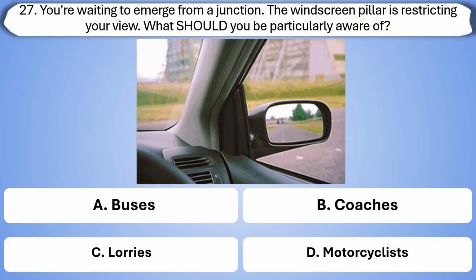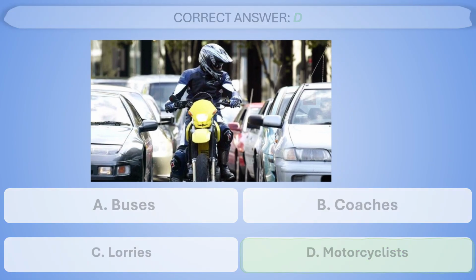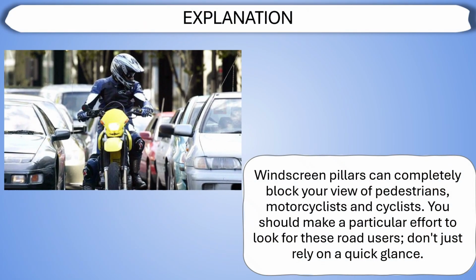The correct answer is D. Motorcyclists. Explanation. Windscreen pillars can completely block your view of pedestrians, motorcyclists, and cyclists. You should make a particular effort to look for these road users. Don't just rely on a quick glance.